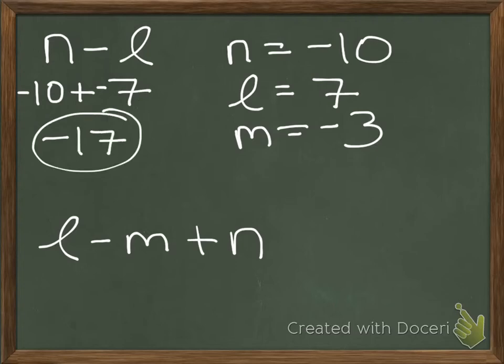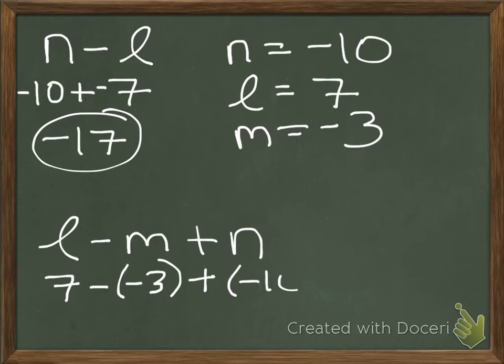Here, let's plug in, we have 7 minus, and then negative 3 goes in for m, plus, and then negative 10 goes in for n. I would just start from the left and read to the right, so save the 7, change the minus to a plus, change the negative to a positive.